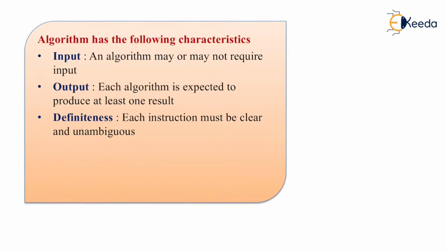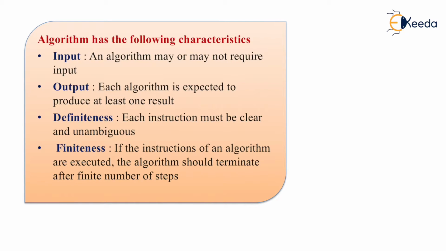Third is definiteness. Each instruction must be clear and unambiguous. That means whatever instruction you are providing should be clear to humans, and there should not be any copy-pasting things.